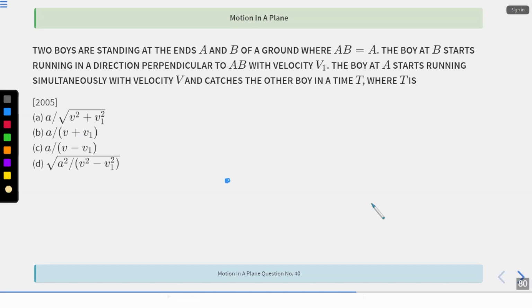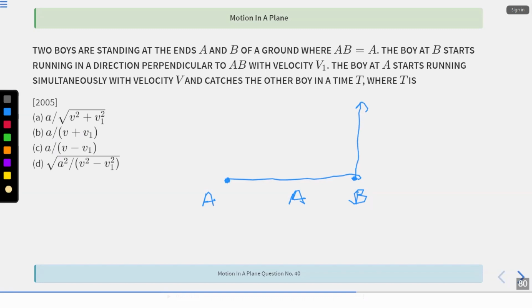Okay, so there are two boys, A and B, and they are both here. They're telling us the AB distance is basically A. Let's just make it small a. What they're telling is the boy at B starts running perpendicular to AB, so he starts running in this direction.